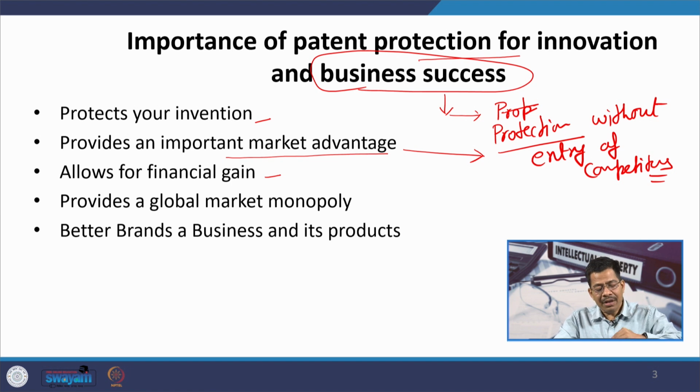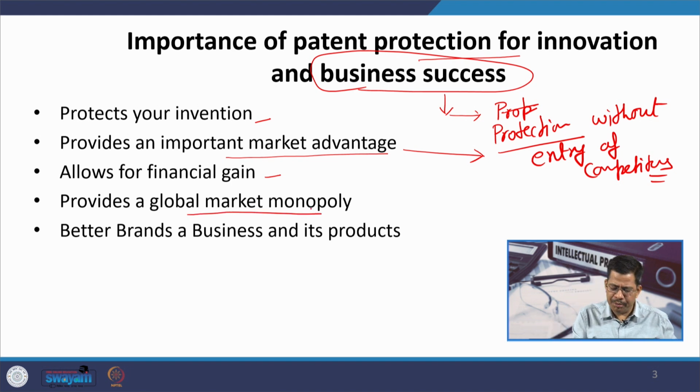Therefore, people keep higher prices when their products are protected by patents or the IP system, and that is the way they are able to regain, or get compensated for, the R&D expenses they have incurred in finding new ways of doing things.